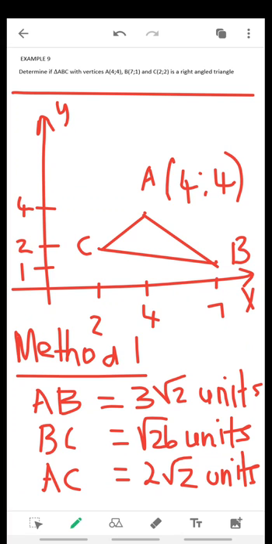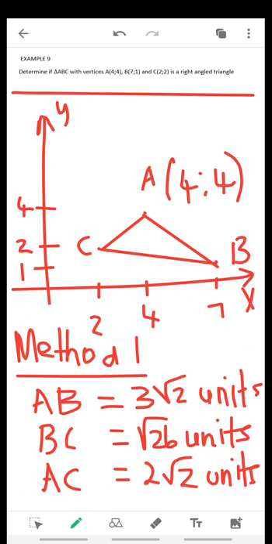I can also use what we call the theorem of Pythagoras. You remember, where we say the square of the hypotenuse is equal to the sum of the squares of the other two sides. You remember? So let us look at how I have done it. Method number 1, I have found the lengths using the distance formula of AB, of BC, and of AC.